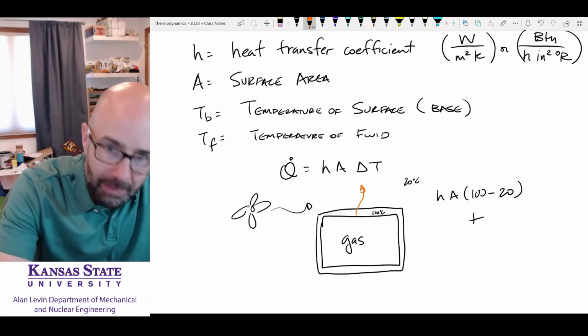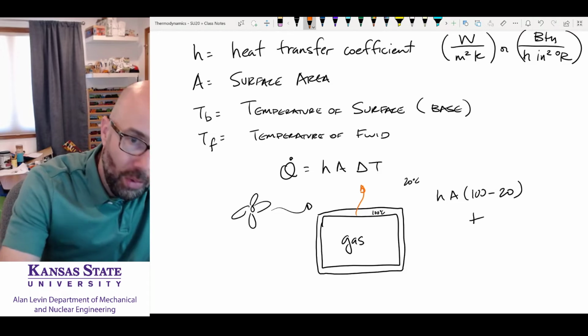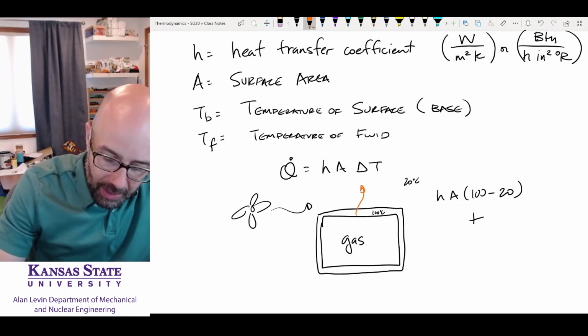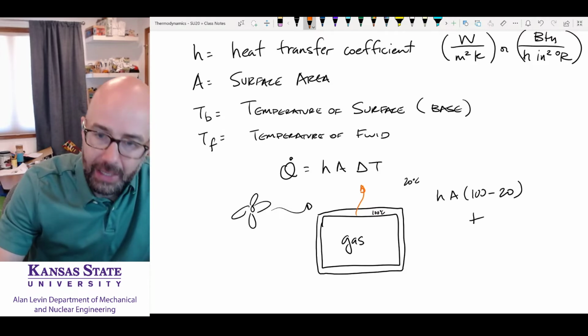Now, if my thermodynamic system is going to be this dotted line, when I write my law here, my delta E is equal to Q minus W, or in this case actually, dE dt is equal to Q dot minus W dot.